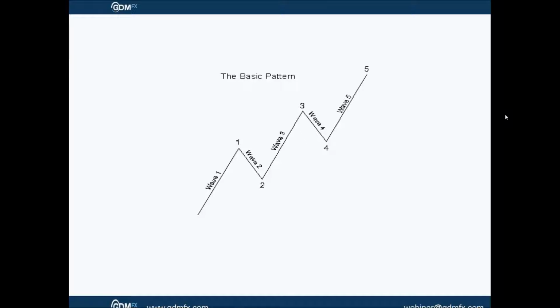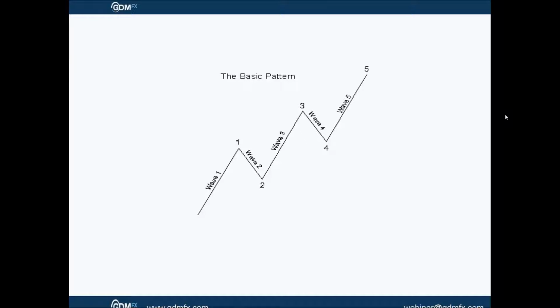Now, the wave mode. There are actually 2 modes of wave development: impulsive and corrective. Impulsive waves have a 5-wave structure, as we mentioned, while corrective waves have a 3-wave structure or a variation thereof.